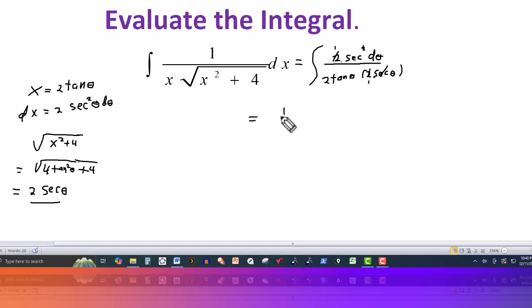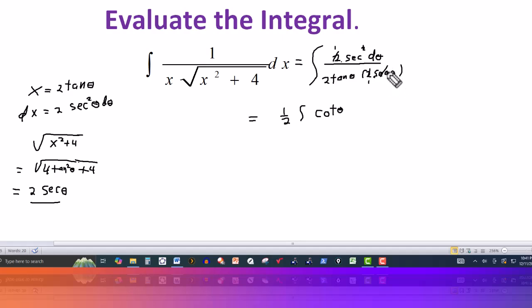So let's have it this way. The 1/2 will be out in front. Everything cancels, the 1's there, and then we got the 2 here. So we got 1/2, and what's left here? Well, we got a tangent in the denominator, so if we take that up to the numerator, because tangent and cotangent are reciprocals, that will become a cotangent of theta in the numerator.